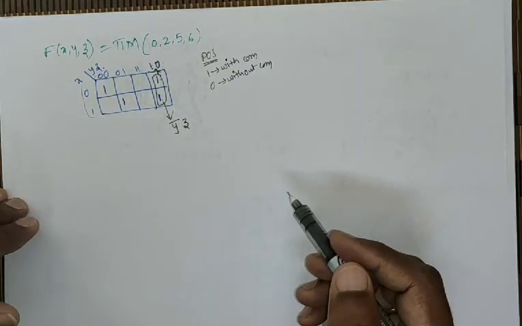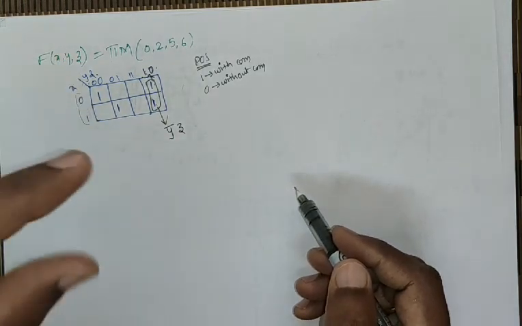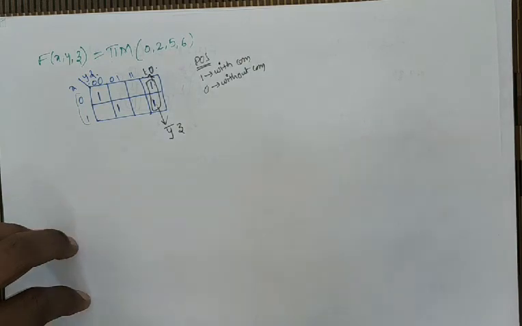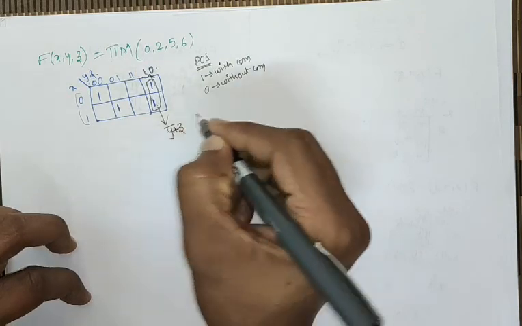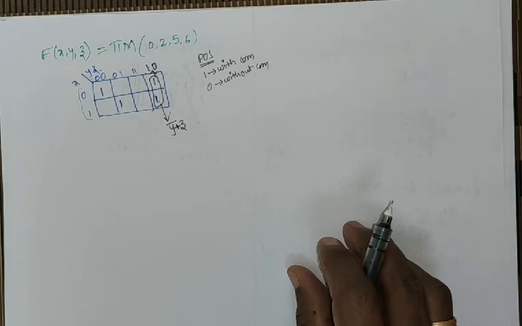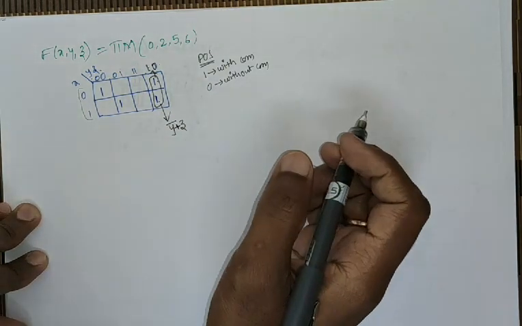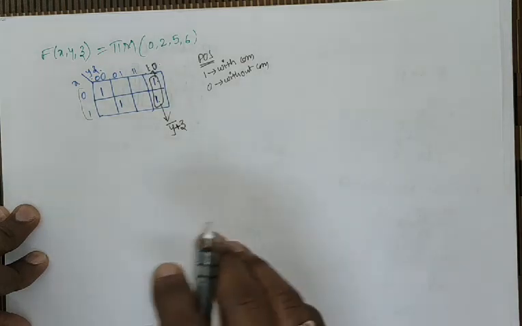In SOP it is the reverse: y into z bar. In POS the operands and operators are changed, so here it is y bar plus z. In SOP it is y into z bar. That is the total complement.